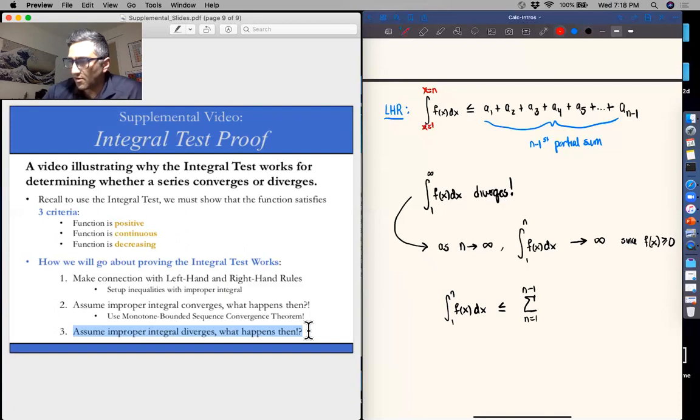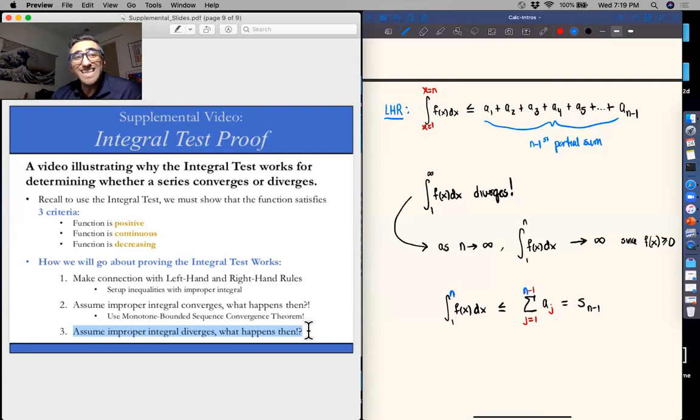I guess we have to use a different letter now as our index because we have n as the nth partial sum term. So let's use j, say j equals 1 to n minus 1 of a sub j. So just a different index with the same meaning. But we know that this is equal to the n minus first partial sum, which we can call S sub n minus 1.